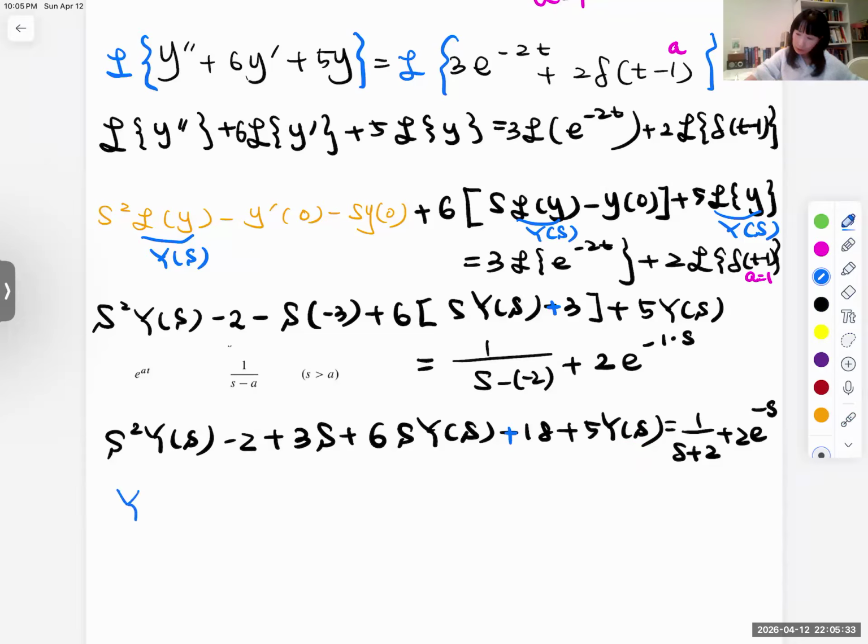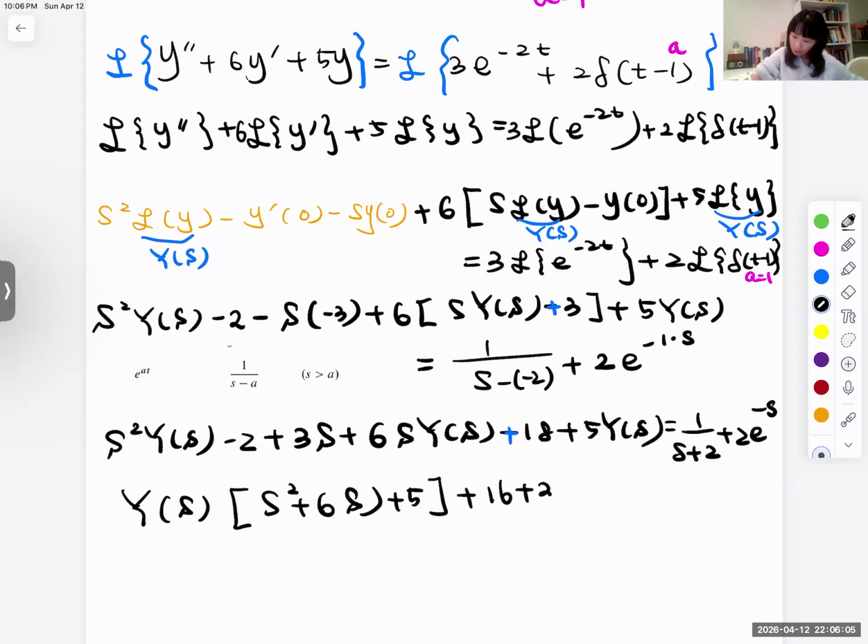So Y of s times s squared plus 6s and plus 5, and we have a positive 16 plus 3s equal to 1 over s plus 2 plus e to the negative s.